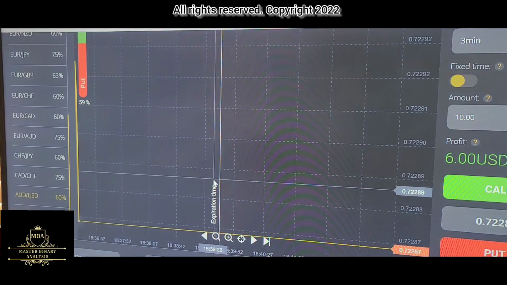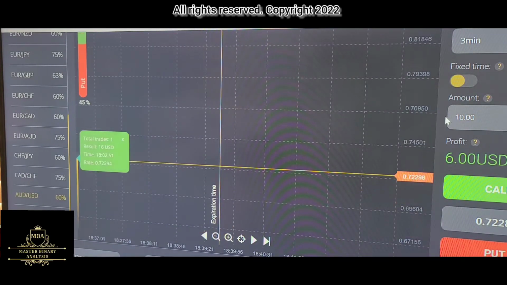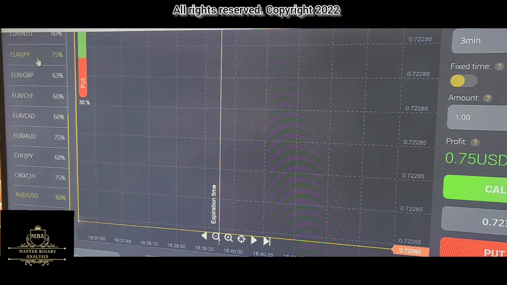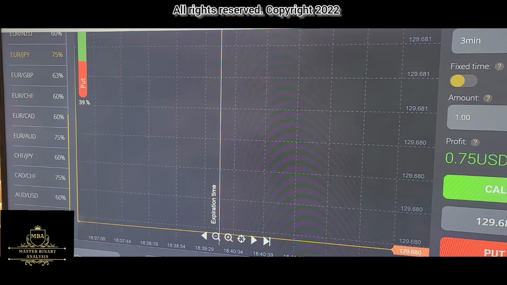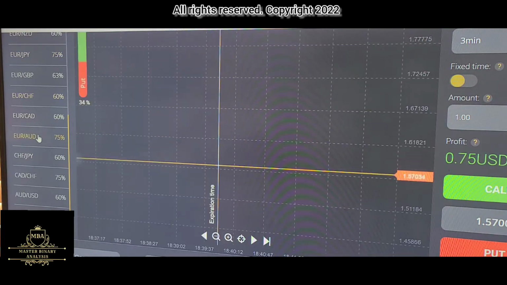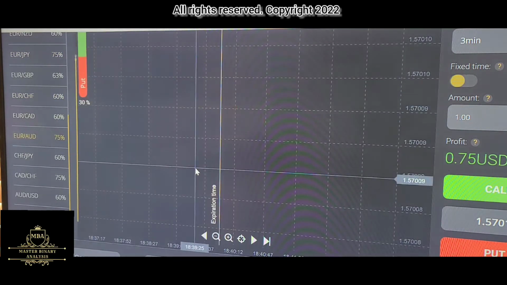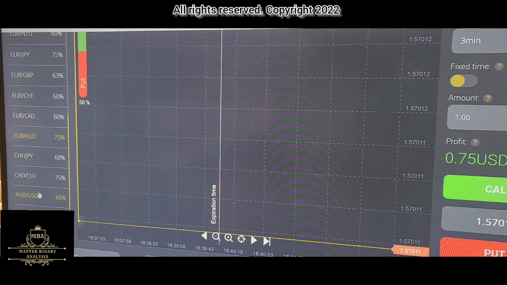So say you enter a trade, and I'll do this on purpose. I'm gonna lose $1 on purpose, but let me see what this chart looks like. Oh, my chart's not up.